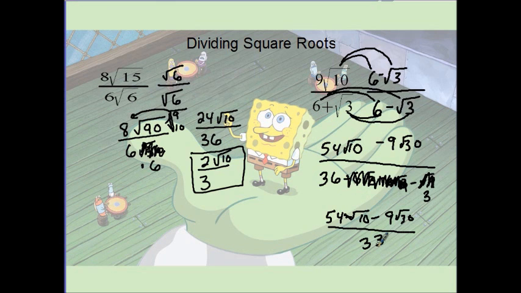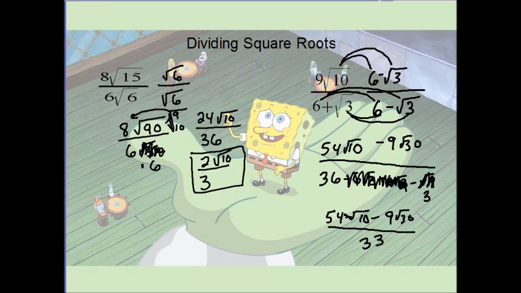Now, the last thing we want to do: we have just a regular whole number on the bottom here. What we want to do is look at each and every piece. On top there's two pieces, it's a binomial, and on the bottom only one piece, a monomial. We want to look at all those outside numbers and see if they're all reducible by anything. When I compare 54, 9, and 33, I see that they're all divisible by 3.